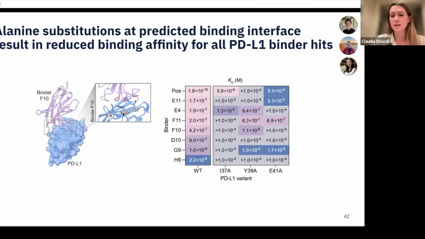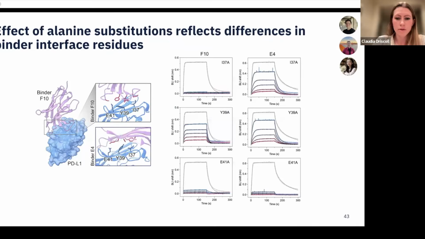The hope here is that if these residues are important in binding, mutation to alanine should be disruptive or completely ablate binding, which encouragingly we did see to be the case. For the isoleucine, tyrosine, and glutamate mutations to alanine, we see at least a 10-fold reduction in binding affinity for each of our PD-L1 binders. And in many cases, binding was literally just a flat line, below the threshold of detection for BLI.